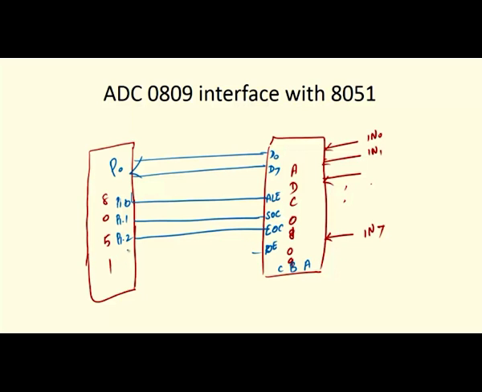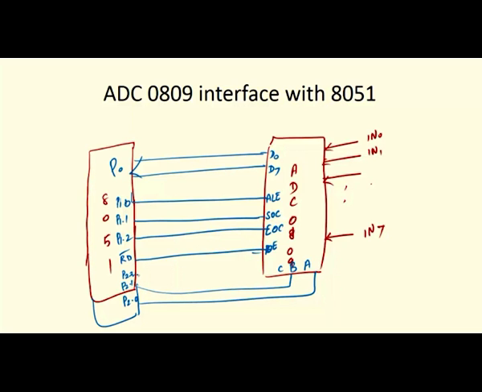Either port 1.3 you can give as the read bar signal, or already the read bar signal of the 8051 is connected with the output enable of the ADC. Okay. Then for the remaining 3 signals I will take port 2, port 2.2, port 2.1, port 2.0. Okay. So, this 2.0 is connected with A, 2.1 is connected with B, and this one is connected with C.